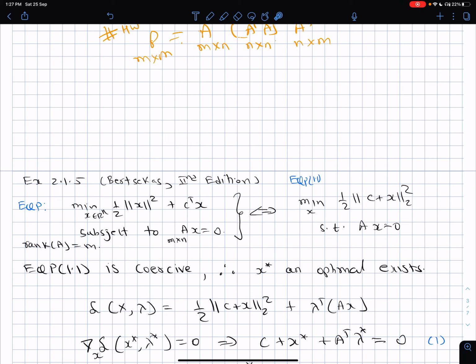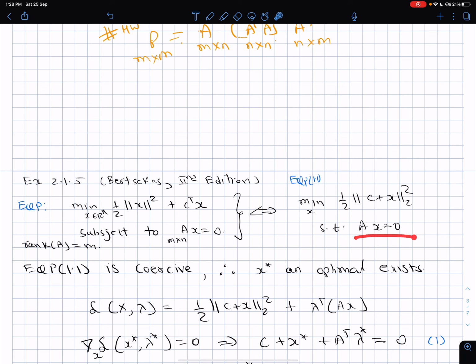What our geometry has shown, the whole work that we did, geometry come algebra, is that if this additional constraint Ax equal to 0 was put, then minus c may not be admissible, because A times c may not be equal to 0. If A times c became equal to 0, there was no problem.